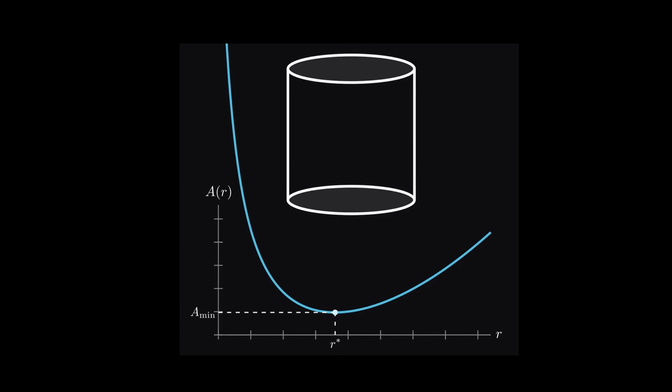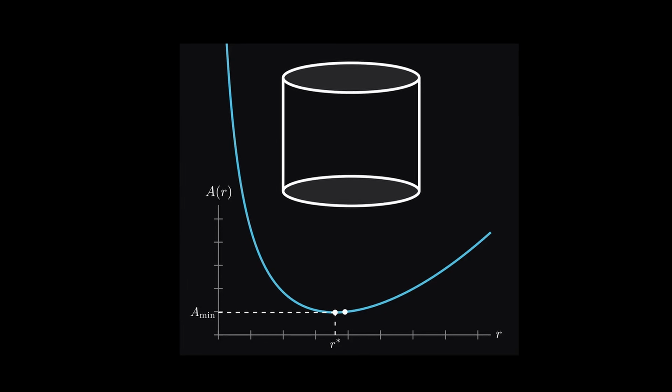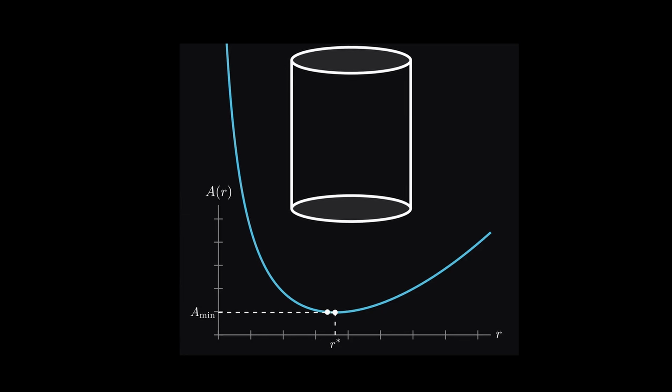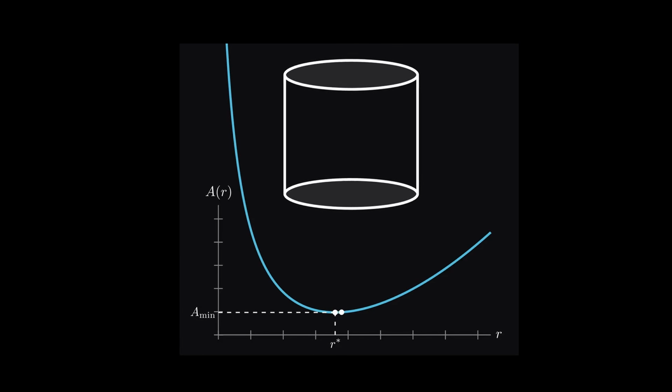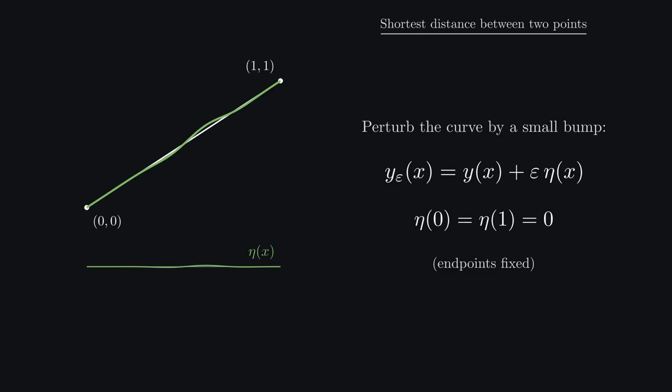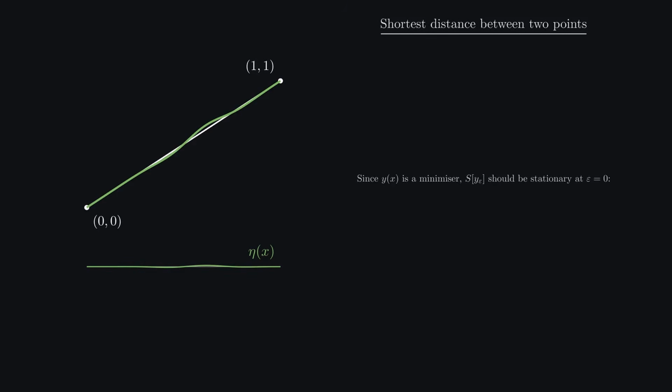At the stationary point, or the minimum, as we move slightly away in either direction, the surface area doesn't change very much. It's the same here. If we add just a small variation to this curve, the length of the curve shouldn't change very much. This is really the key insight.